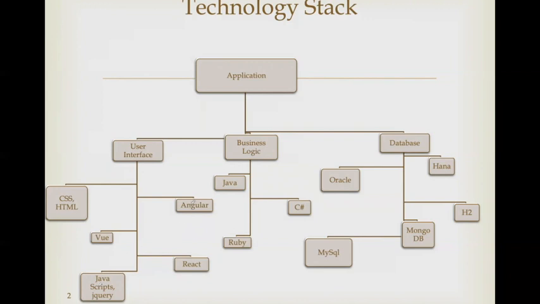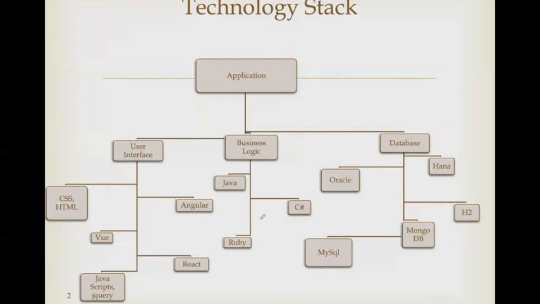And then we have three different frameworks to manage the UI project. That is Angular, React, and Vue. And then we have the business logic layer. This layer is mostly written in Java, C Sharp, Ruby, Python, Node.js, and things like that.